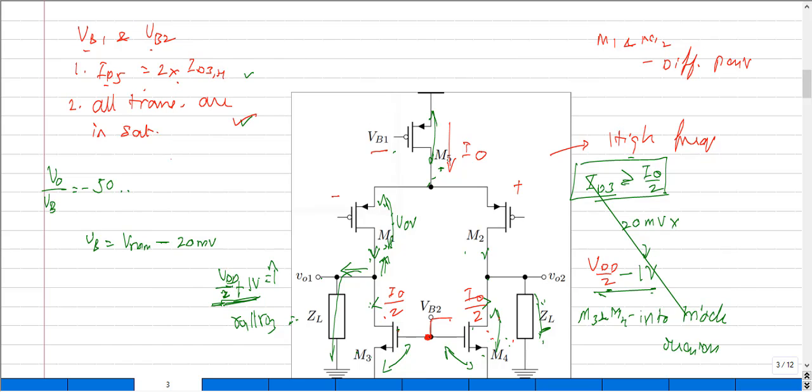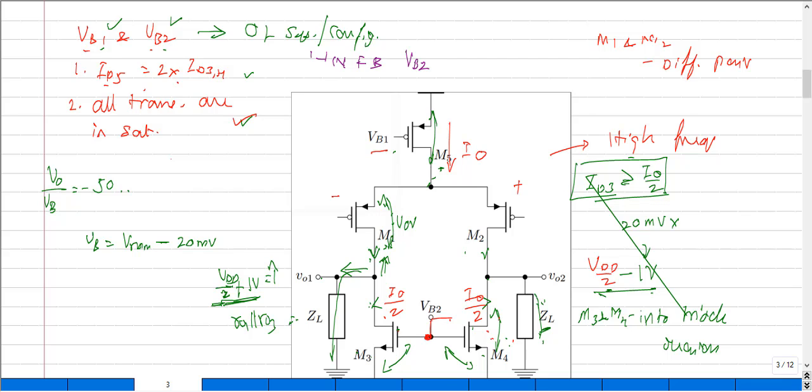Controlling the value of VB1 and VB2 in an open loop configuration becomes very difficult, like to set them to a particular value. As we know from control systems, we need some sort of negative feedback. I need a negative feedback system such that it tunes either the value of VB1 and or VB2. So let us go with VB2, okay, such that the VB2 is tuned to the required common mode voltage.